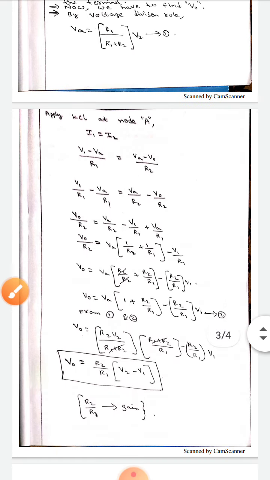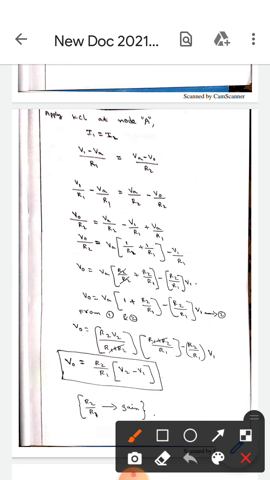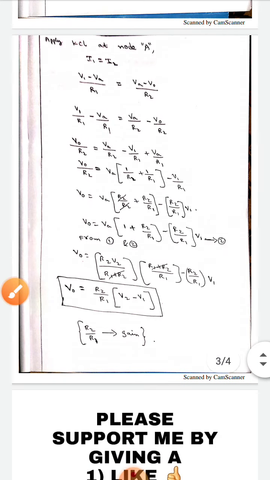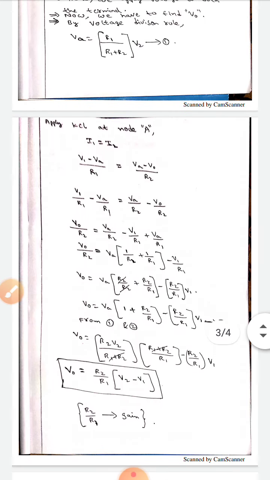We can write this as V1 by R1 minus VA by R1 is equal to VA by R2 minus V0 by R2. We took the V0 by R2 to this side and these two to the other side. Then we get V0 by R2 is equal to VA by R2 minus V1 by R1 plus VA by R1.